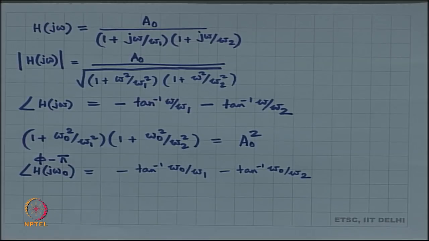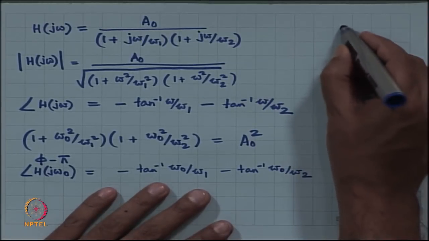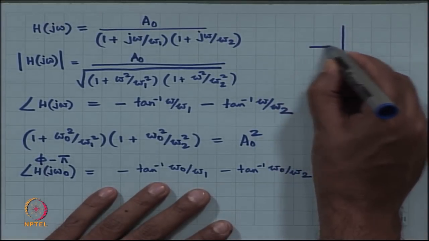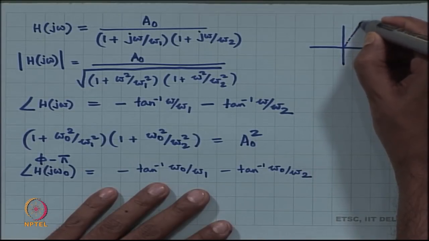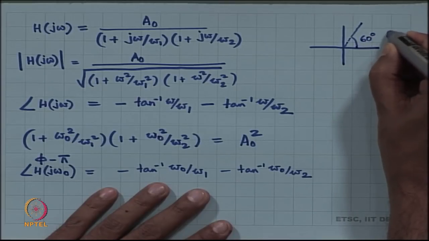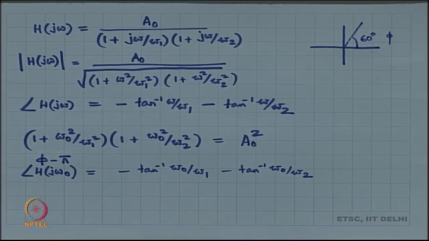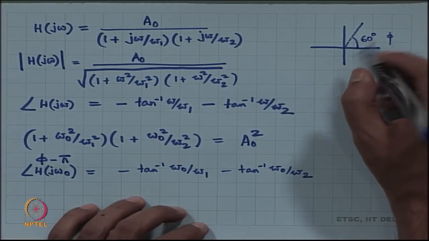Now, let me take cos of both sides. So, what is cos of phi minus pi? Let us say this is an angle phi, 60 degrees. Phi minus pi is 60 degrees minus 180 degrees.